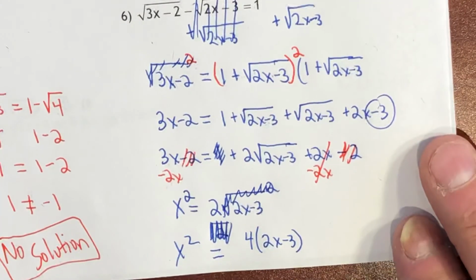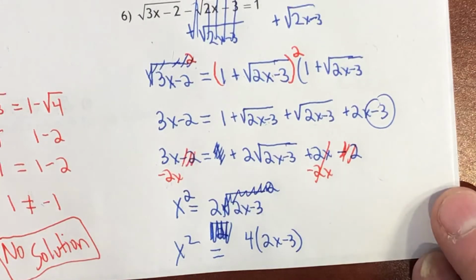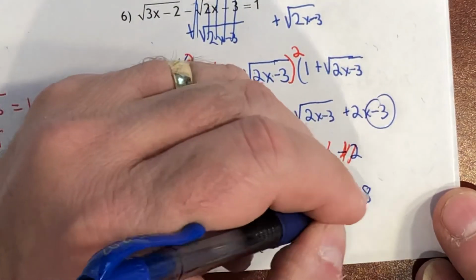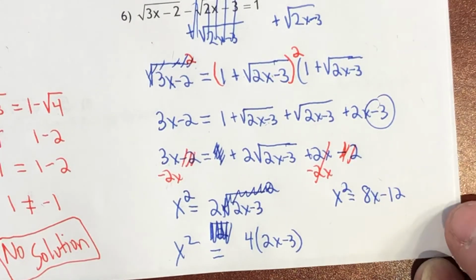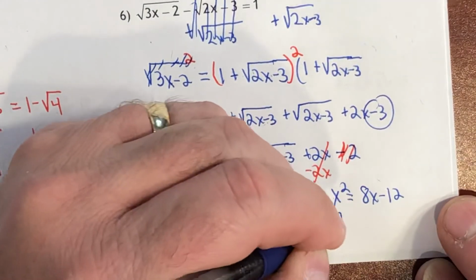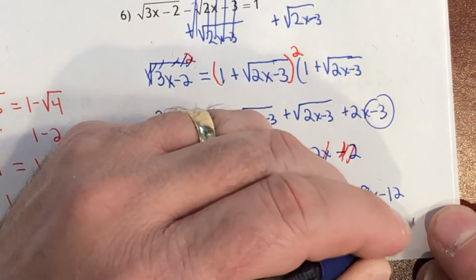So that's going to make 8x minus 12. So x squared equals 8x minus 12. Then if I move everything over to one side to make a trinomial, I get x squared minus 8x plus 12 equals 0.